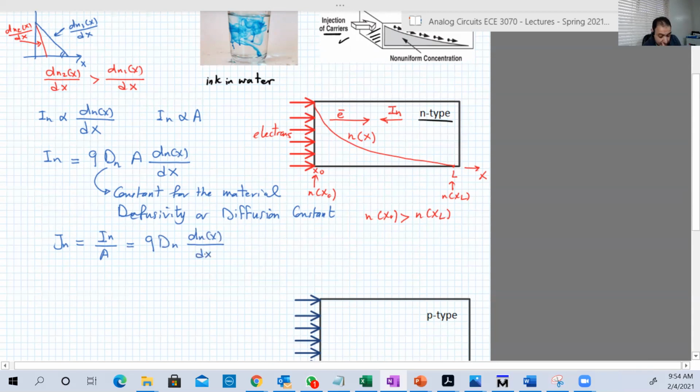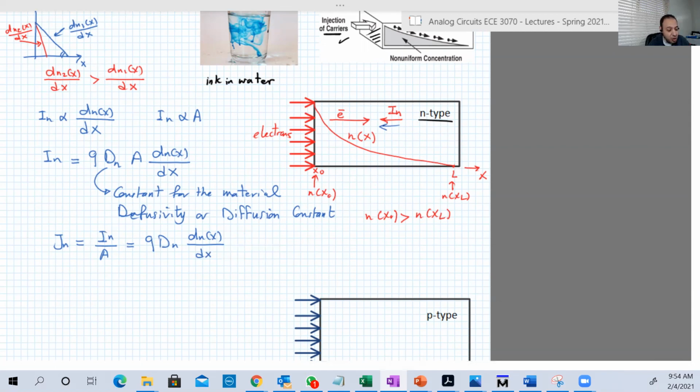One might say here that the electrons are moving in the direction of x, like the example here, and I is opposite to it. So there should be some negative value here, I mean, some negative sign. And the answer is that dn by dx itself is negative. I mean, when you calculate it, this will result in a negative sign.